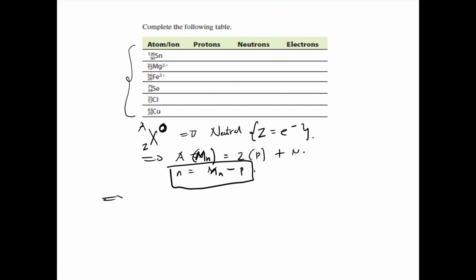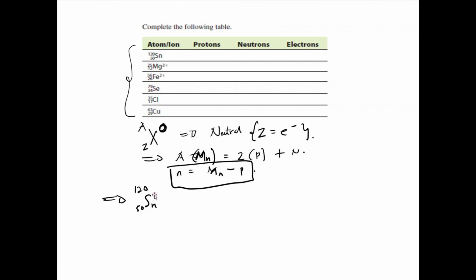The first one is tin, Sn. The tin given here has an atomic number of 50 and a mass number of 120, right? This is 120, the mass number, and this is 50, the atomic number. It means that this particular species has no charge. If it had any charge, you would see it indicated here.